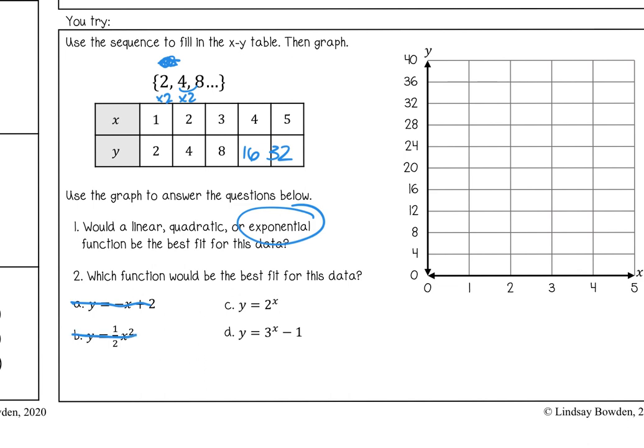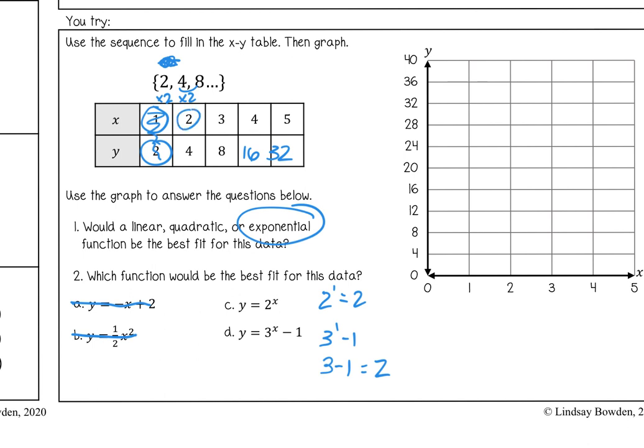So it's either 2 to the x or 3 to the x minus 1. If we use x as 1, 2 raised to the first power is 2, which matches. Here I would do 3 raised to the first power minus 1. So that's 3 minus 1. Well, that's also 2, so that could also match. That doesn't help us.